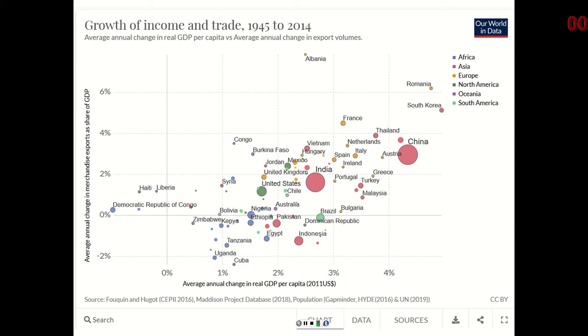And so you can see this in this graph that I've also shown last session, which simply demonstrates that if you correlate on the x-axis the average growth in real GDP per capita, and on the y-axis the average growth in the share of exports to GDP, what you actually find out is that it is positively correlated, which simply means that those countries that trade more or see more growth in their trade tend to also grow faster as well. And this is really why policymakers around the world care about international trade.